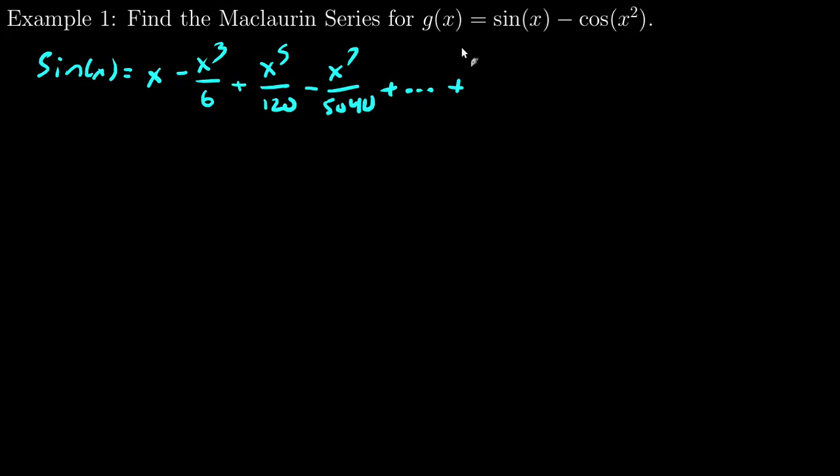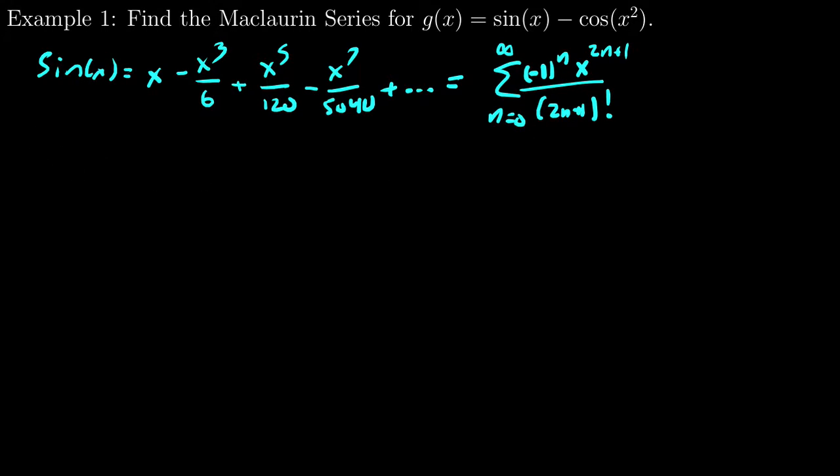And actually, I'm going to do it this way. So that's going to equal that infinite sum as n goes from 0 to infinity of -1 to the n, x to the 2n plus 1 over 2n plus 1 factorial.